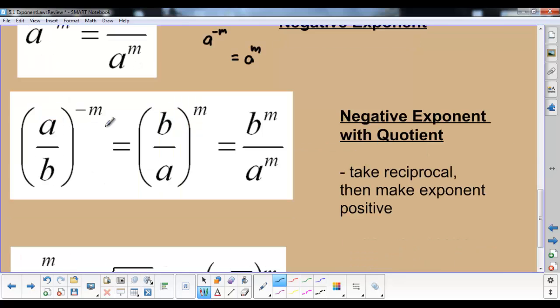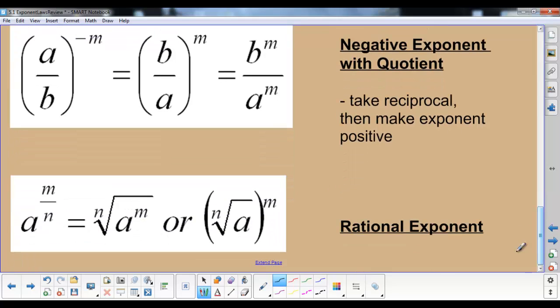If you have a fraction with a negative exponent, basically what you can do is just take the reciprocal of that fraction, so b over a, and then raise it to the power of the positive exponent. And then again, recalling the rule from above, each numerator and denominator will get raised to that exponent.